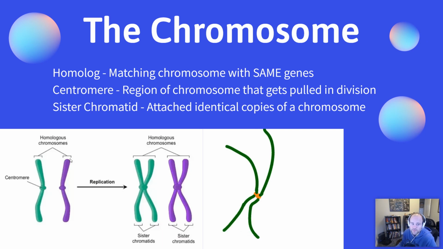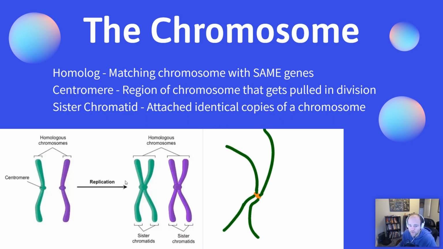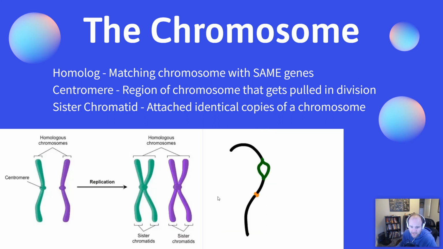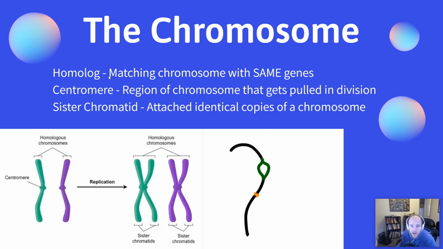So these chromosomes, when they start off in your body, are going to be a single bar shape. When they're replicated or copied, like you see in this little animation here, they become this X shape. Now, like I showed in the last slide, you have 23 pairs. So those pairs are referred to as homologous chromosomes or homologs.